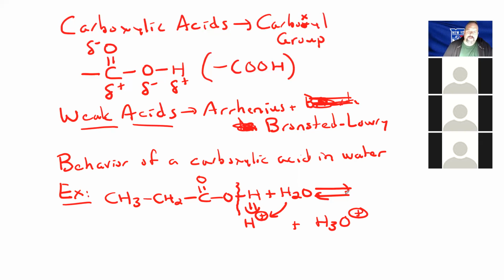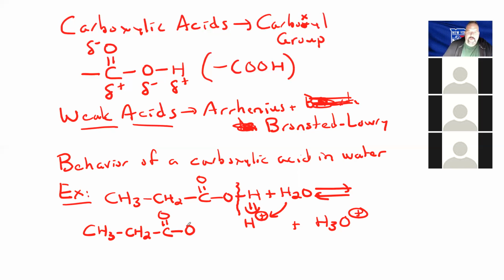Now, what happens to the carboxylic acid? Everything stays the same, but now the C double bond O group remains intact. But now instead of that carbon being singly bonded to an OH, it's still singly bonded to the oxygen, but the oxygen only has one bond.